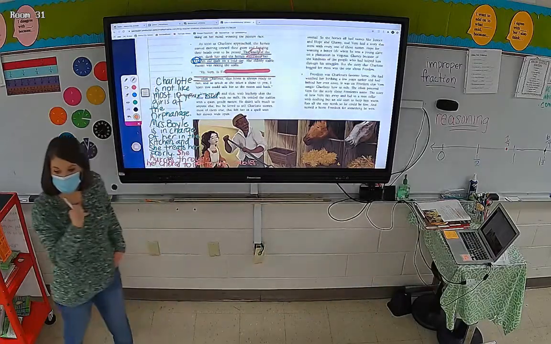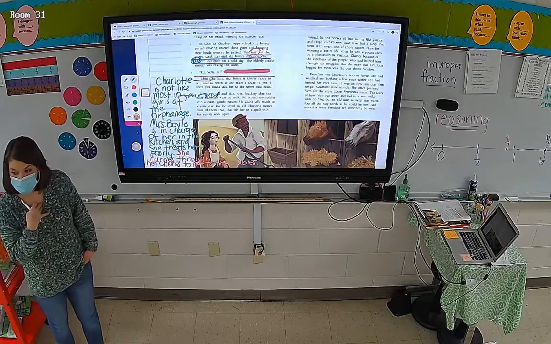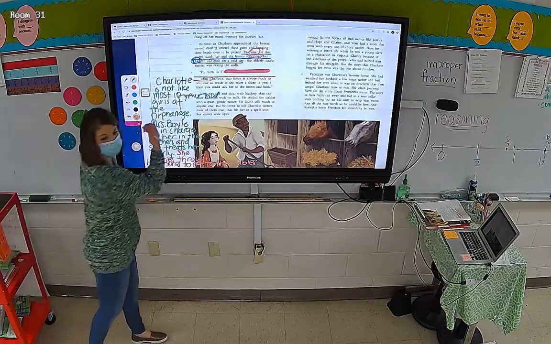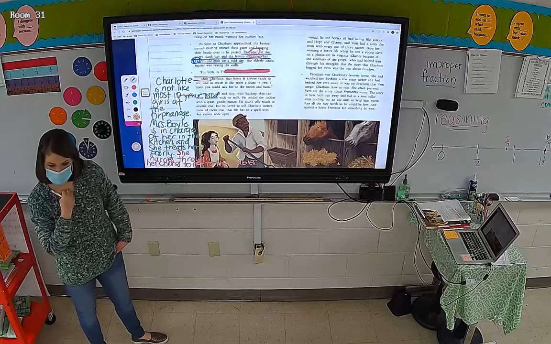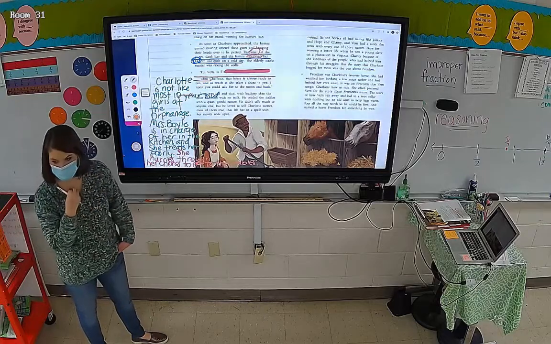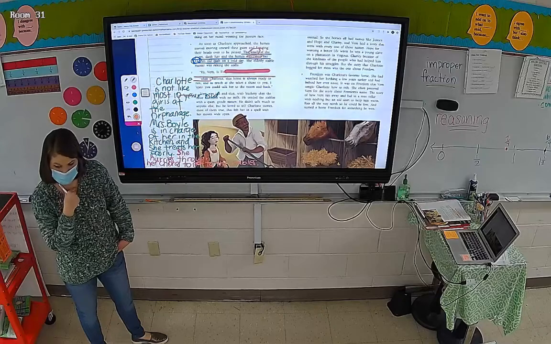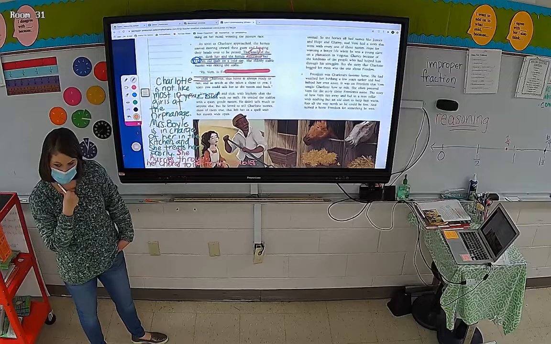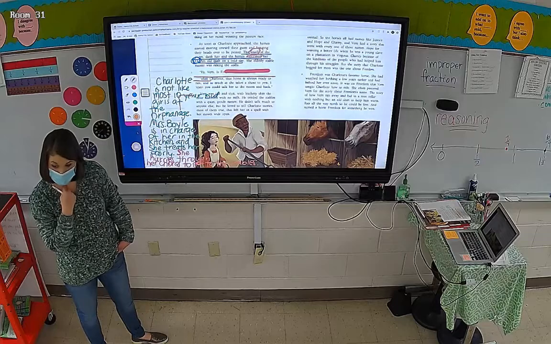Think about the words you circled. I would be uncomfortable, but she is comfortable. Why would she be comfortable there? You're on the right track.